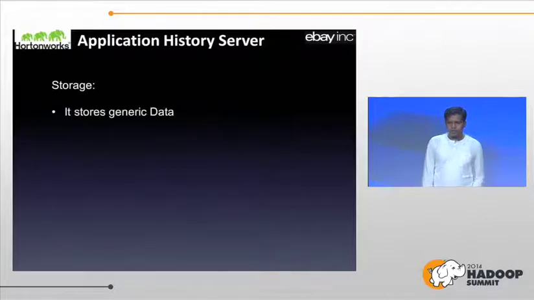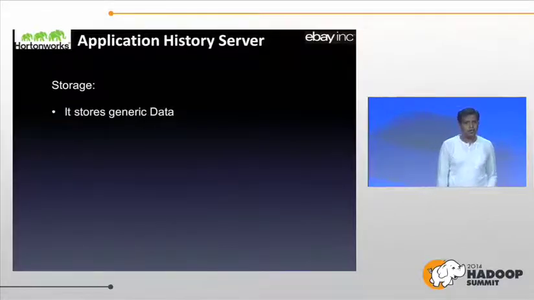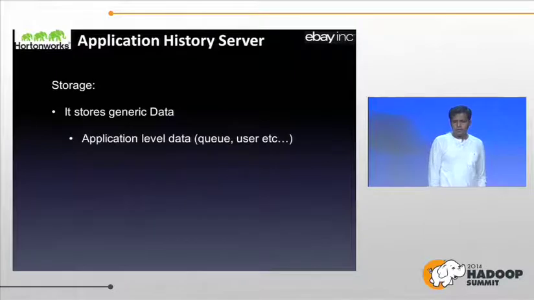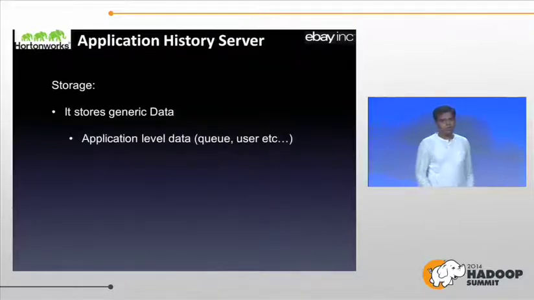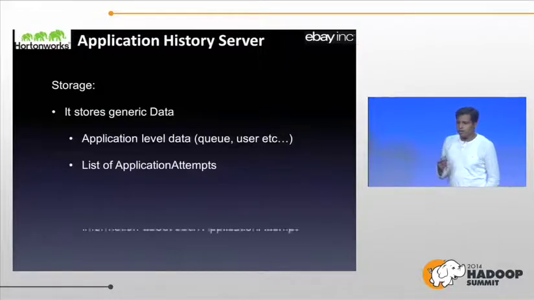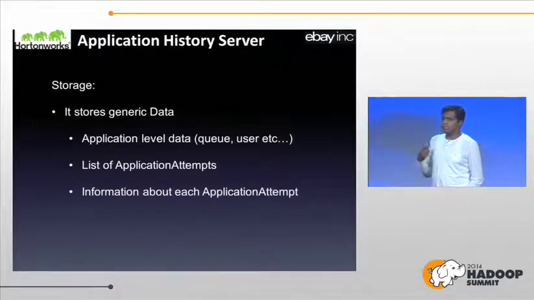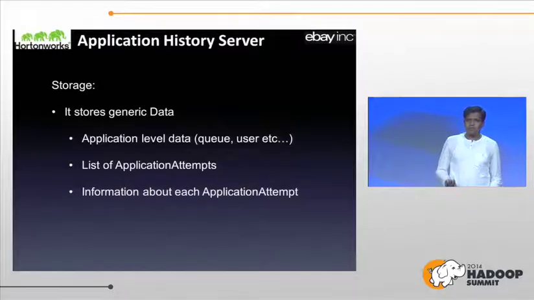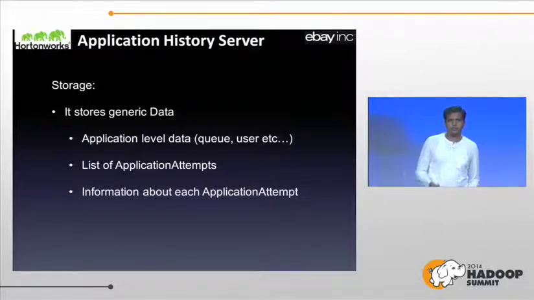Now for the storage, a little bit about that. It stores generic data for the application. It stores application-level data, like what the queue is, the user, etc. All the application-specific data it stores. Then for each application, it stores the application attempts and the information about each attempt: where it ran, on which node it ran, how many containers, what the master container is.